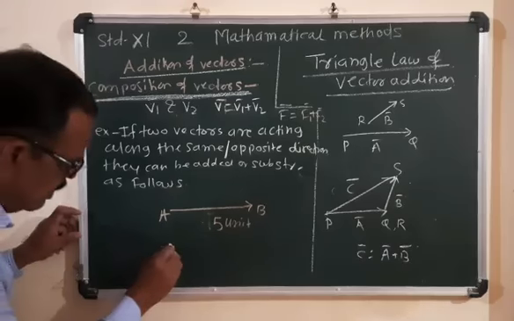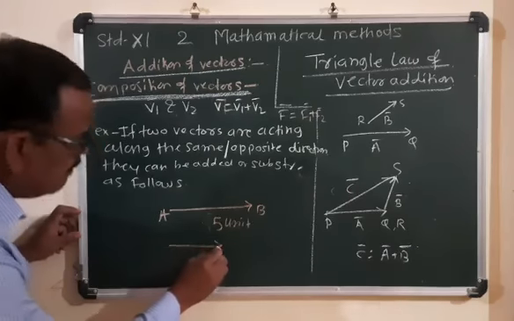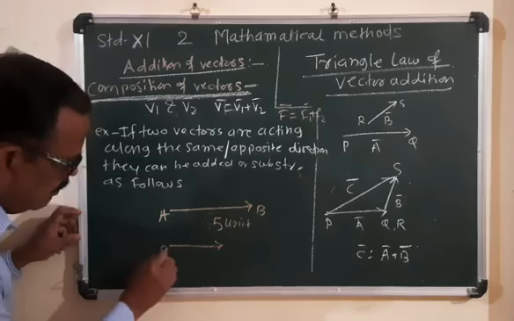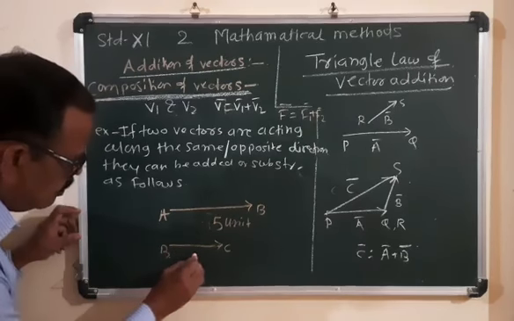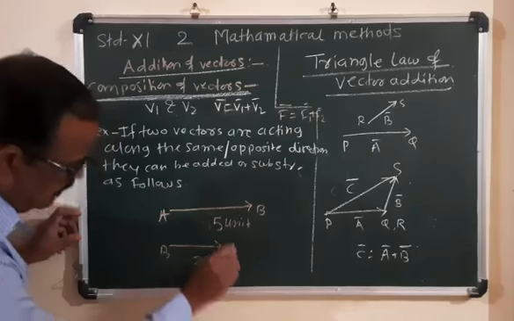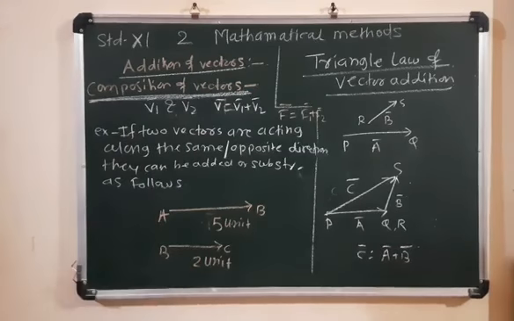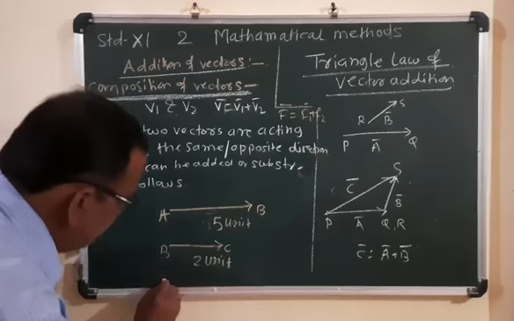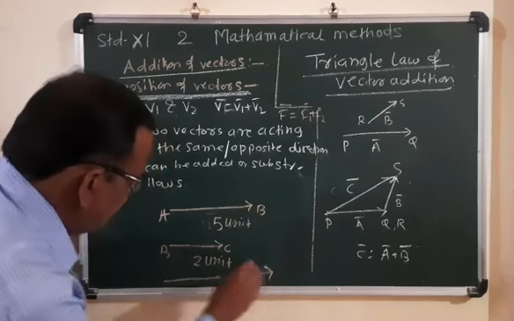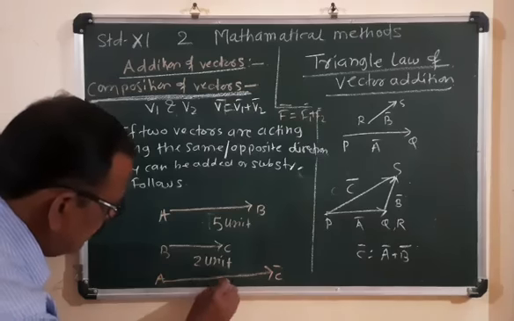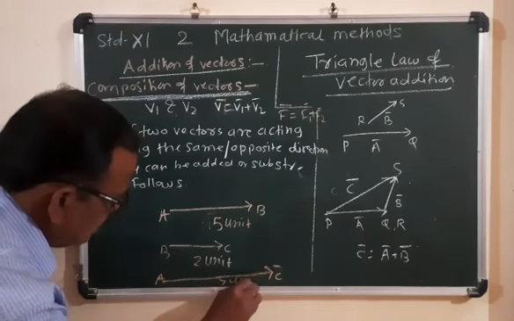And consider the next vector along the same direction. The magnitude of this vector BC bar is equal to 2 unit. Then these two vectors must be added to each other. Therefore, the resultant vector can be represented by AC bar, AC bar is equal to 7 unit.